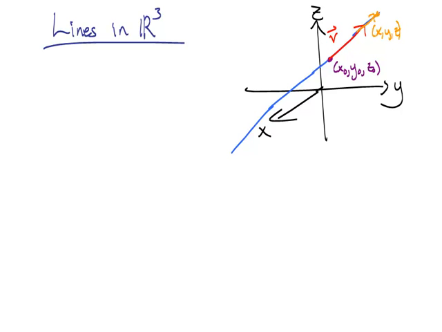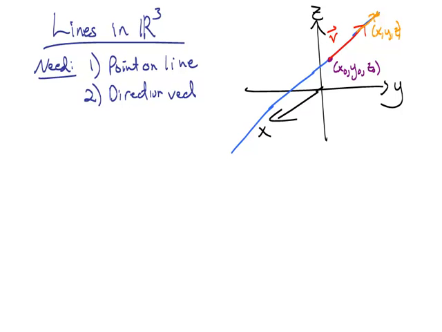So it's all going to be made hopefully pretty clear here. We need two things for the equation of a line in R3. One of those things is a point on the line, just like we needed that for lines in R2. The second thing, however, is instead of slope, we have the idea of a direction vector, a vector that lies on our line, a vector that is in the same direction as our line. Usually we refer to that as v.